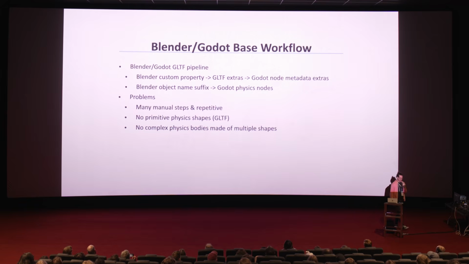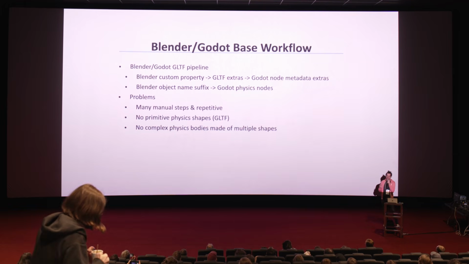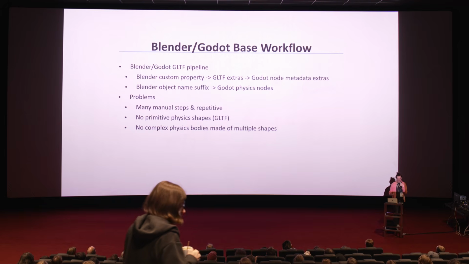When Godot imports it, it's going to take those glTF extras and stick them in your node metadata as another dictionary called extras. There's some other things that Godot supports. You can set suffixes on your object names to make them turn into physics shapes. But generally this workflow is very manual. There's a reason why people have started building tooling around it.